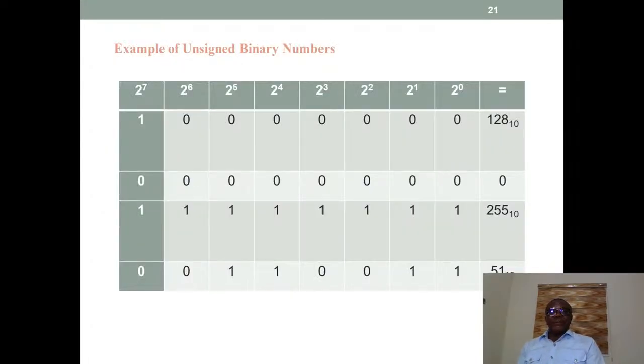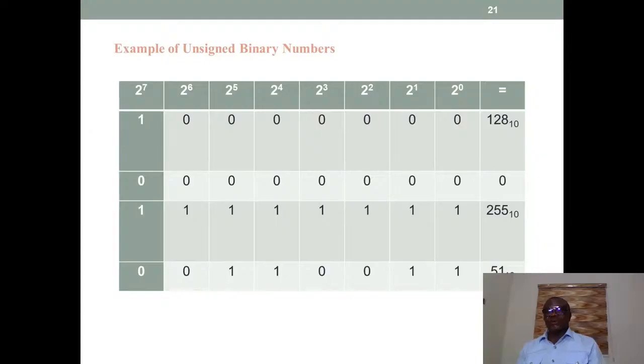Take for example, this table which shows unsigned binary. If we have the binary digit 10000000, if you convert it, it gives you 128 in base 10.